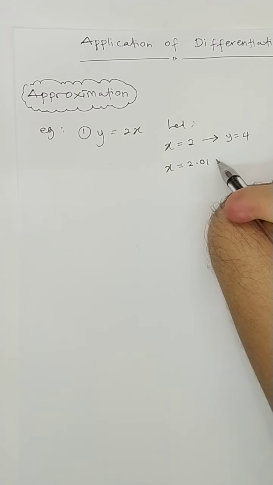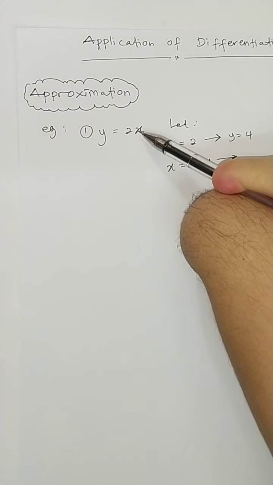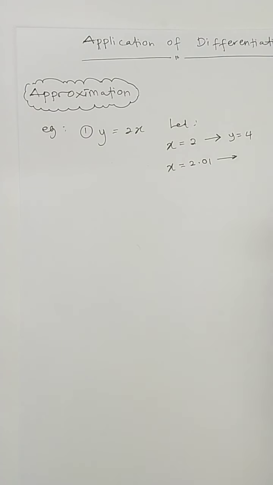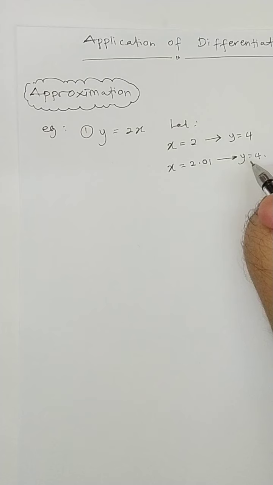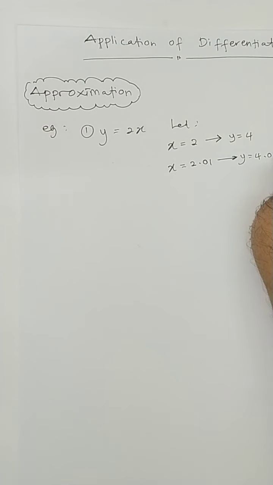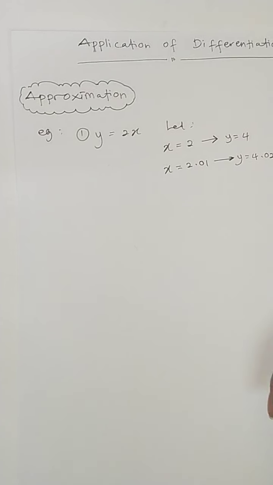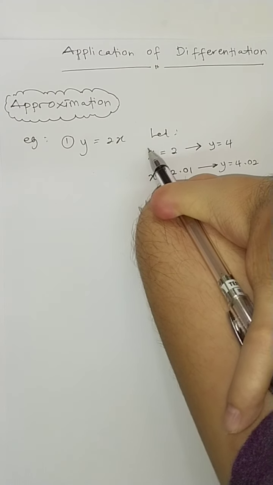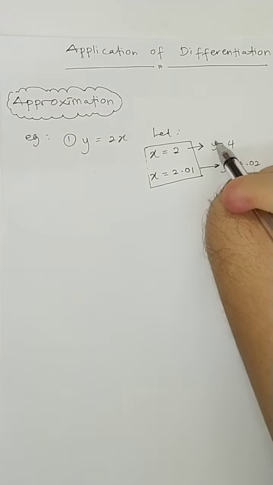When you substitute 2.01 inside here, 2 multiplied by 2.01, y is going to be 4.02. Now why do I show you this one? First of all, I want you to focus on this value.